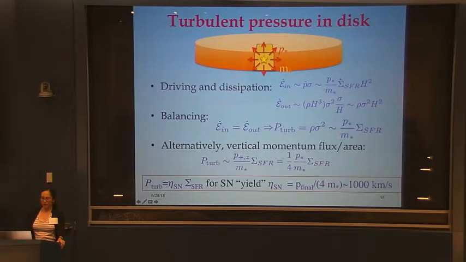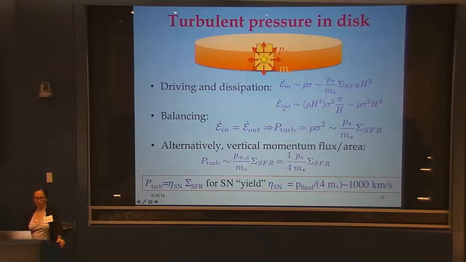And if we're looking at a little cube within the ISM, that's the momentum input rate per unit mass. The momentum input rate you would get from the star formation rate divided by the number of stars per high mass star and by this area. So that's the momentum input rate.